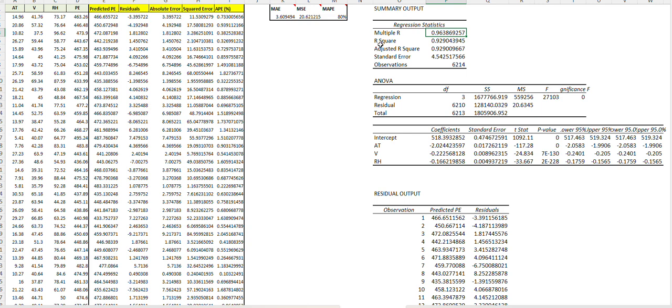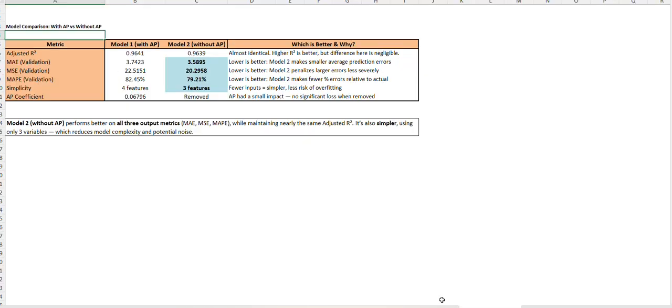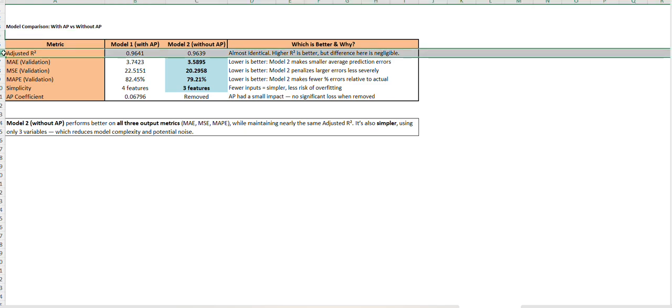So I did a model comparison here. The adjusted R square, as I was saying, was almost the same, 0.96 and 0.96. Which means that removing AP does not reduce the model performance.